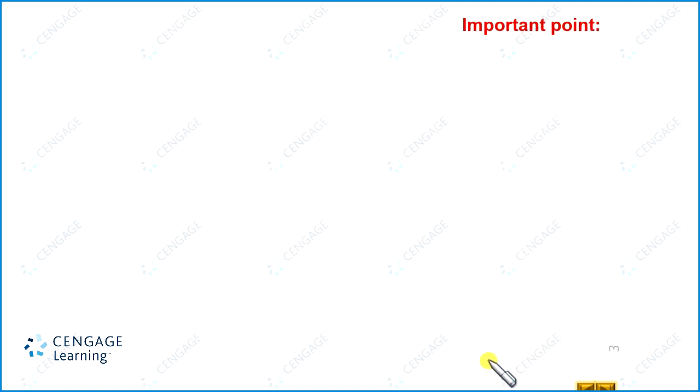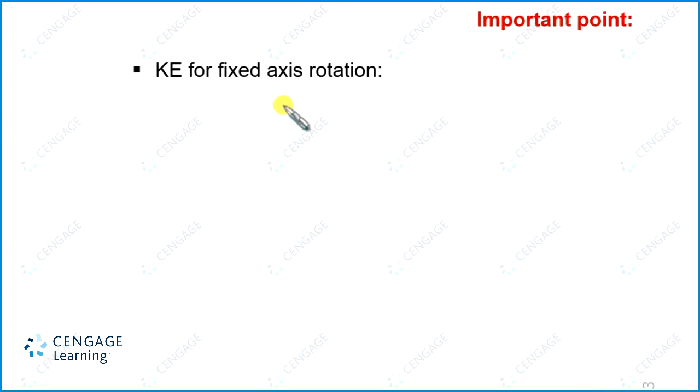Now let us discuss a few important points. Point number 1, a body rotating about a fixed axis of rotation. Let us consider one case. Suppose this is a rigid body having mass small m, and this body is rotating in the vertical plane about this point, say point P, with angular velocity omega. This point P is fixed, that means the axis is passing through point P perpendicular to the plane, and this is the center of mass C, right?